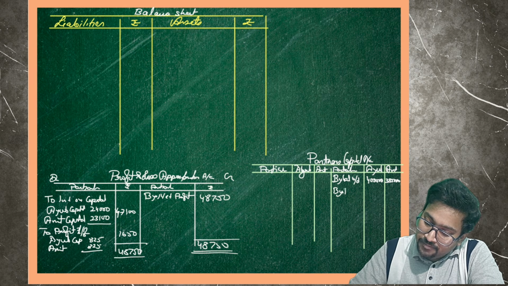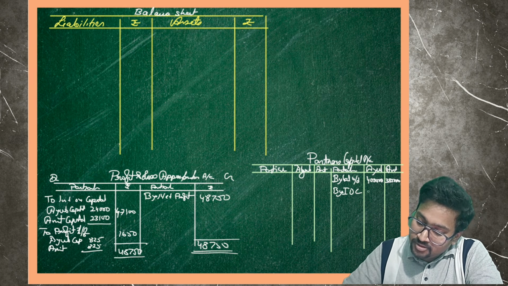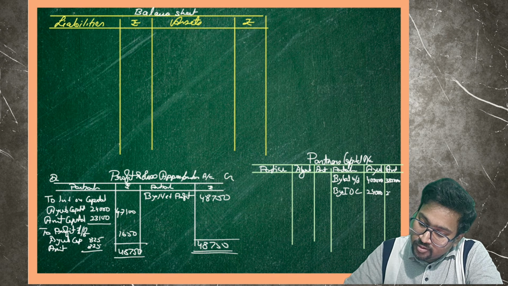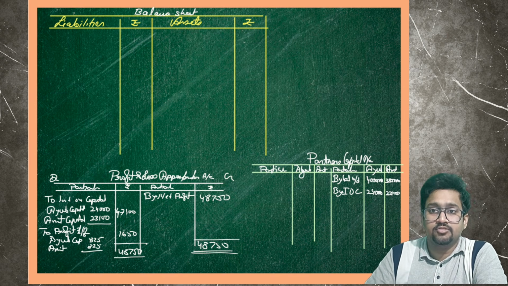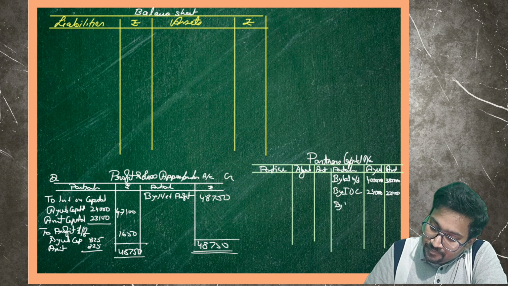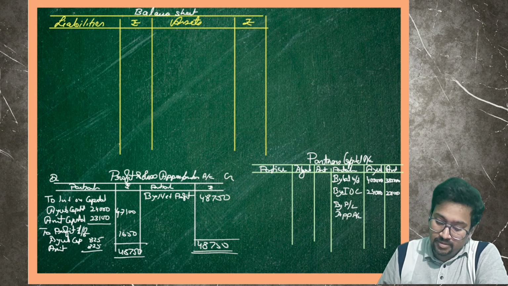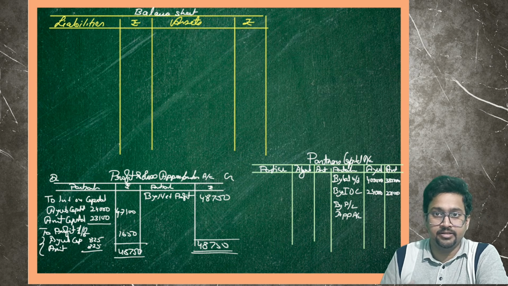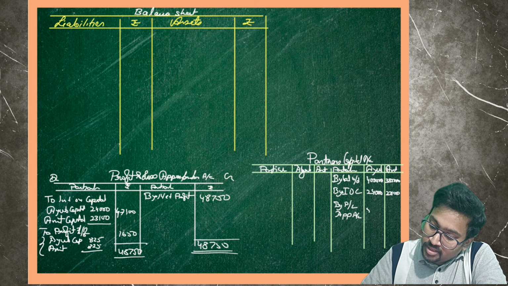I'm writing it in short, interest on capital, IOC. That is 24,000 and 23,100. Now after IOC, we'll write by PL appropriation account. Now what is this PL appropriation? The profit that we have calculated here, the distributable profit. So the amount will be 825 and 825.